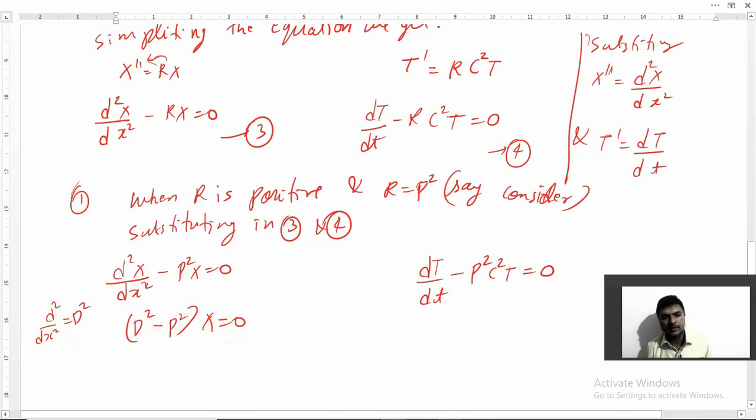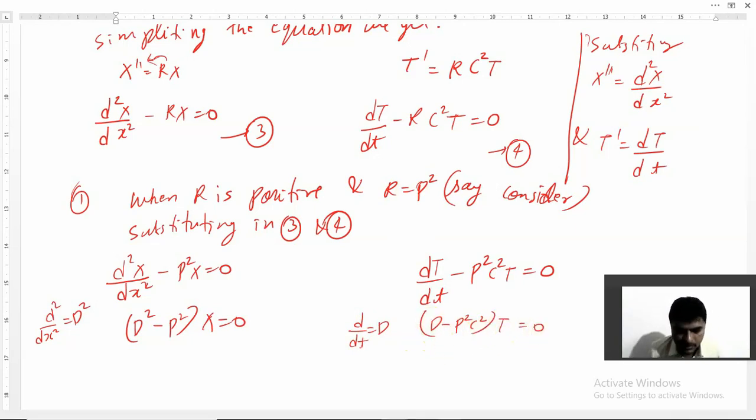This is the way we have to find the solution, students. So this will become d square minus p square, x is equal to 0. Similarly in this case, I will take d upon dt equal to d, and take t common in this equation. So this is d minus p square c square, t equal to 0. If you don't understand, friends, please rewind the video once again and try to solve the equations, students.